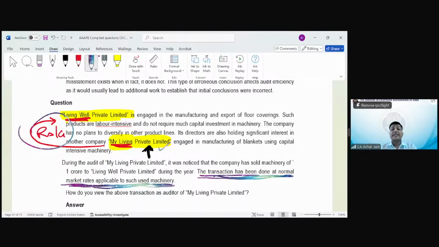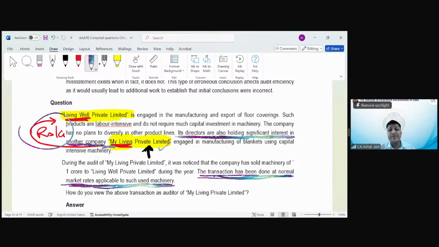That is where we need to now focus upon. Are these parties related or not? Sir, if you look at this particular para, its directors are also holding significant interest in another company.